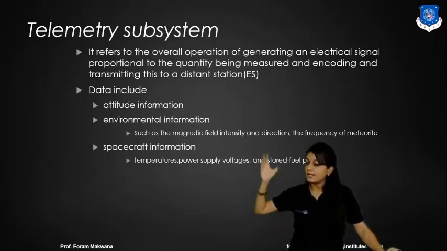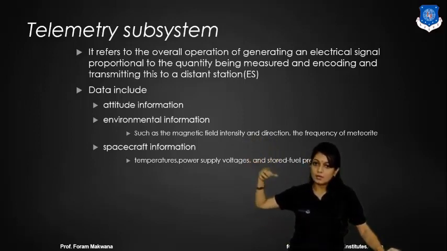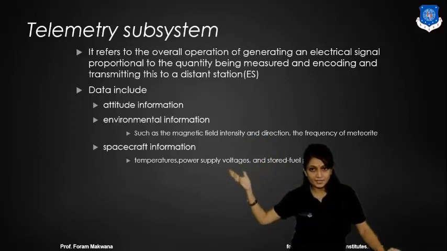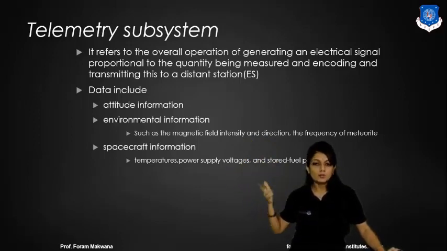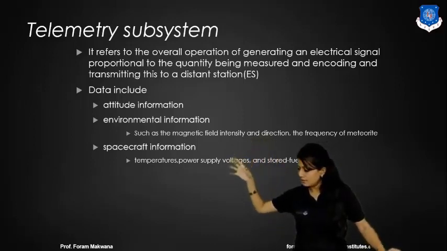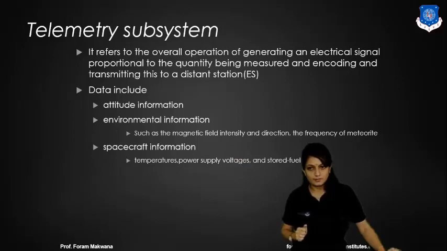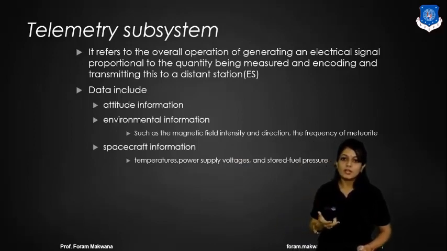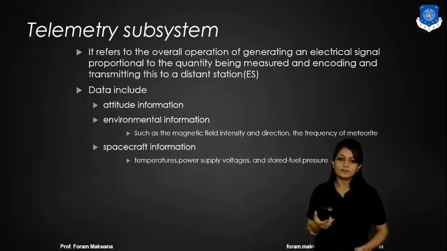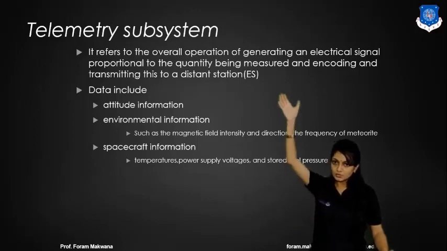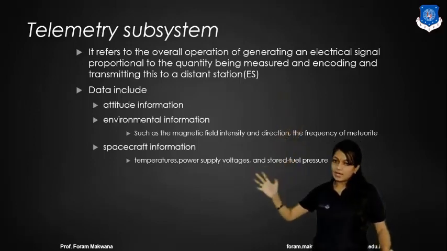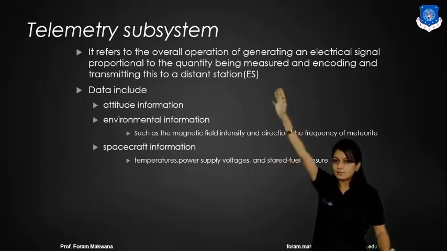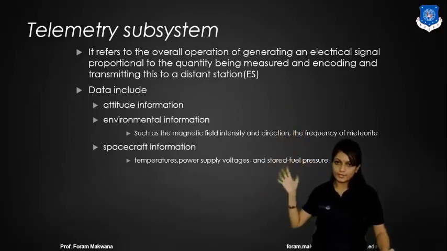It will include the magnetic field intensity, the direction of the magnetic field, and its frequency. Okay? Third, the spacecraft information. That means the temperature, the power supply voltage, the stored fuel, and its pressure. Alright? So these three are the data that the telemetry subsystem will provide.